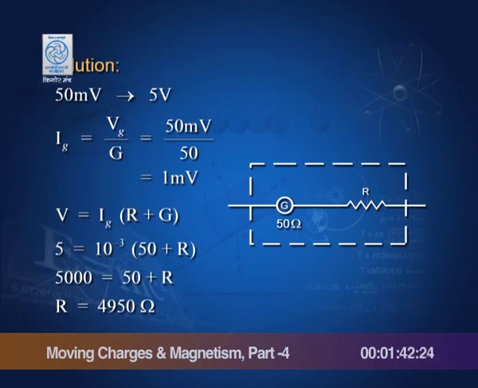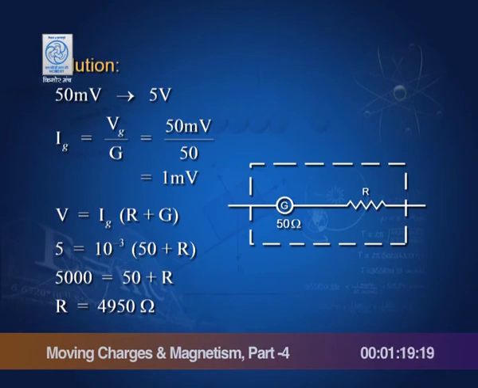We know the maximum potential difference measured by the voltmeter, V, equals Ig into (R plus G). So, substituting the values of V, Ig and the galvanometer resistance G, we get 5 equals 10 to the power minus 3 into (50 plus R).